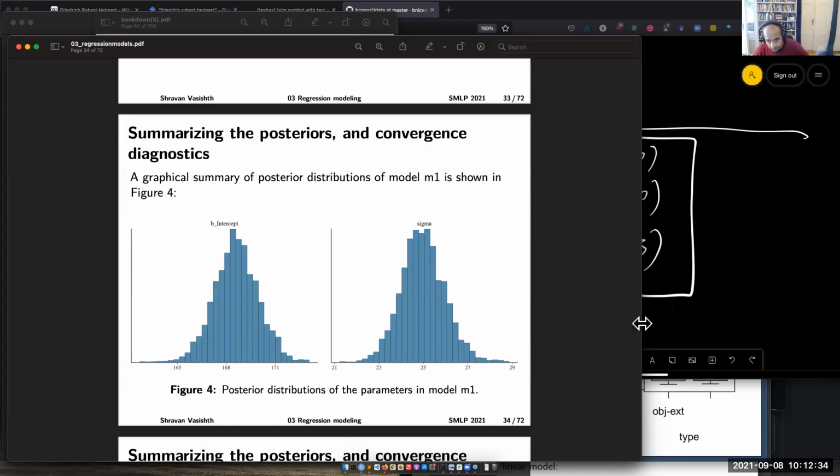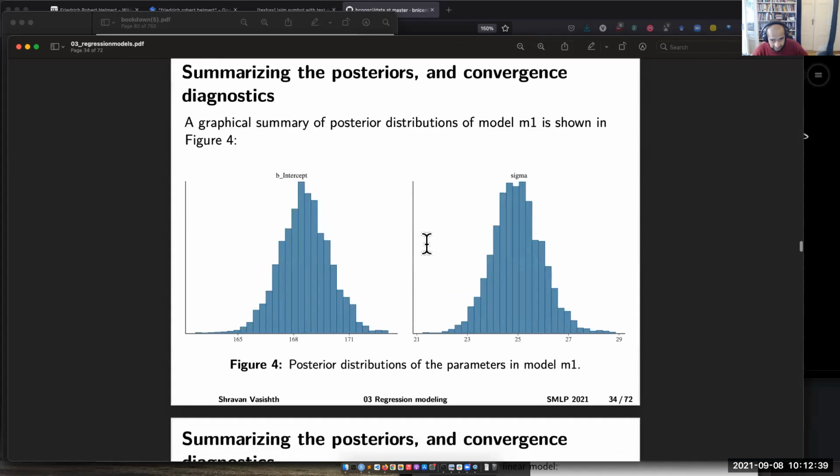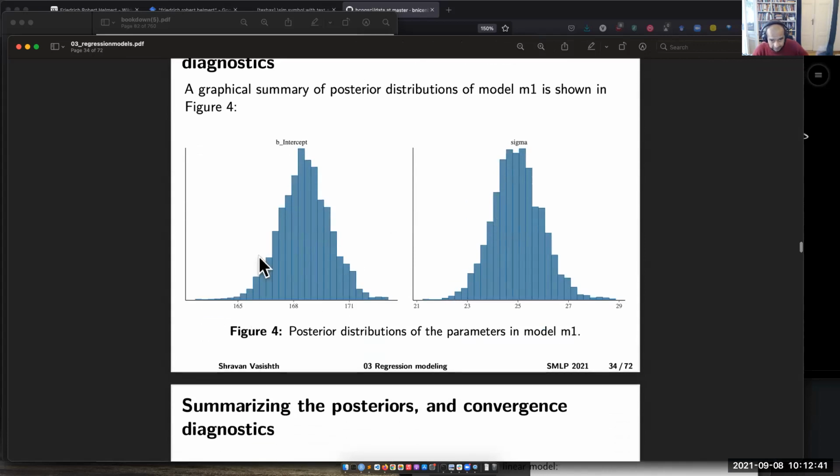And the reason for that is what? The reason is that this is actually based on the data that I have got from the button pressing data set. This is actual data that has informed the posterior distribution. So the average is around 168. Do you guys remember what the mean of the data set was? It was 168.8 or something like that, right?